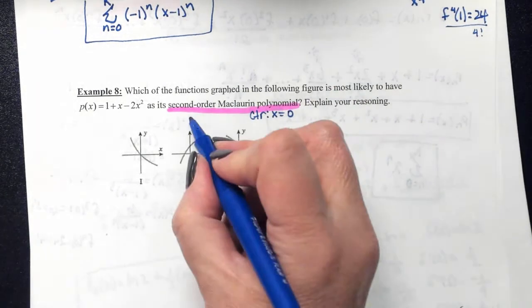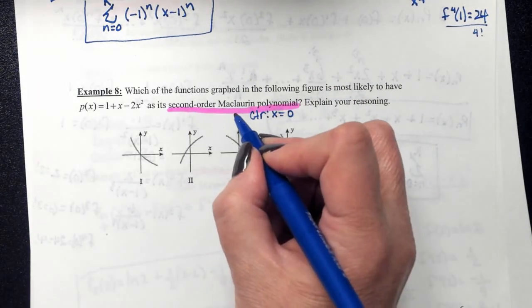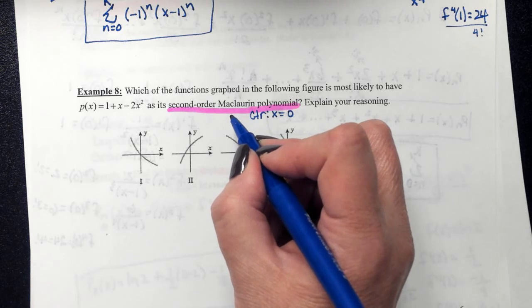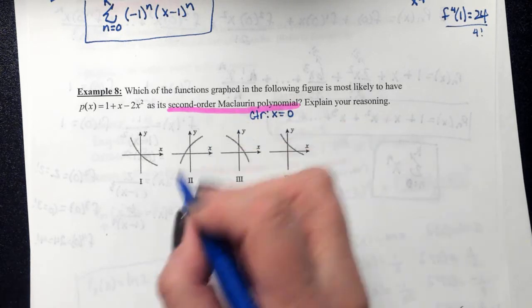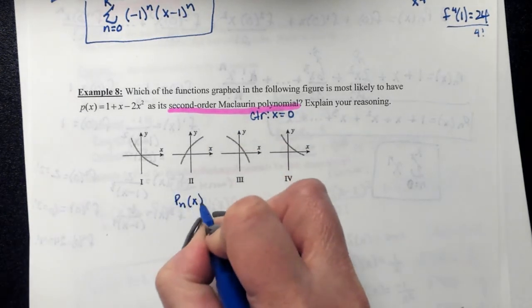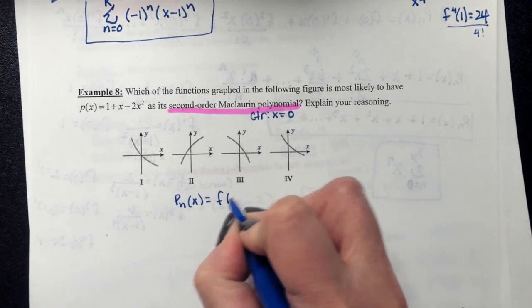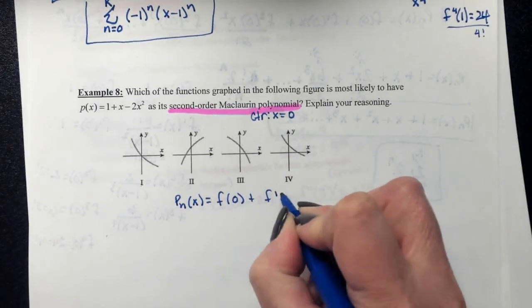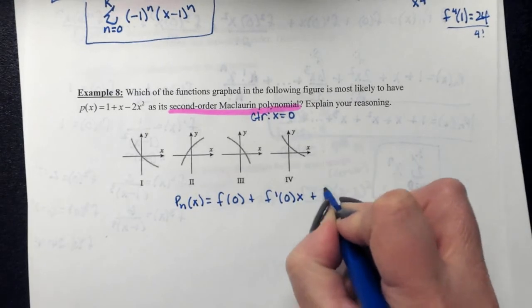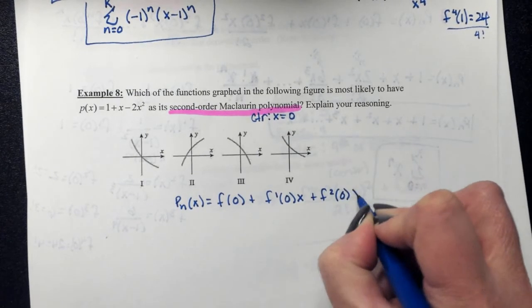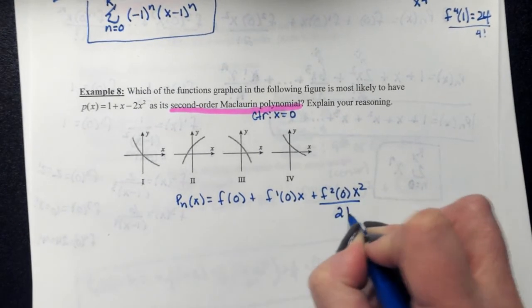A second order Maclaurin polynomial is taken out to the second derivative, so it looks like this: f of 0 plus f prime of 0 times x plus the second derivative of 0 times x squared over 2 factorial.